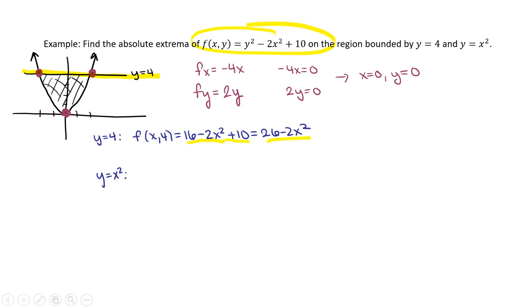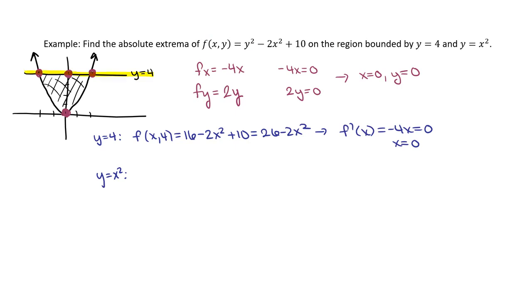So 26 minus 2x squared. That has a derivative of negative 4x, critical point of x equals 0. So on that boundary y equals 4, I have a critical point right here at x equals 0. So point 0, 4 is a point I have to check. And then again, I have to check those endpoints or corner points.